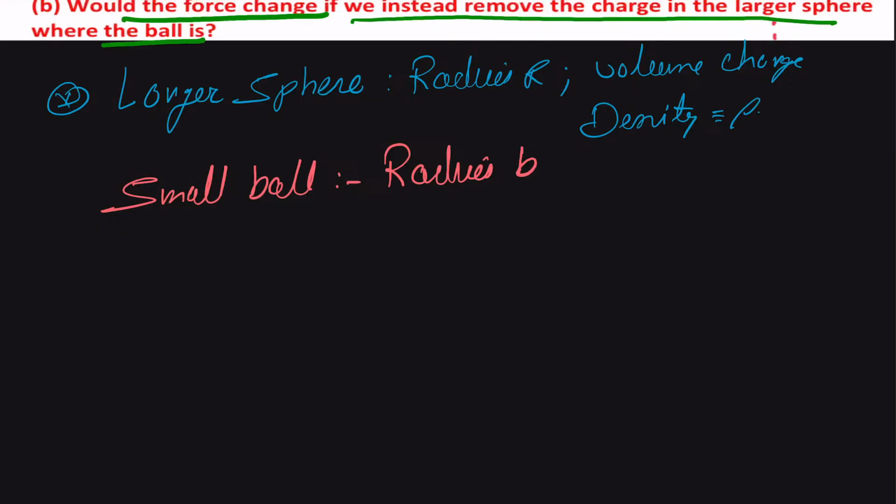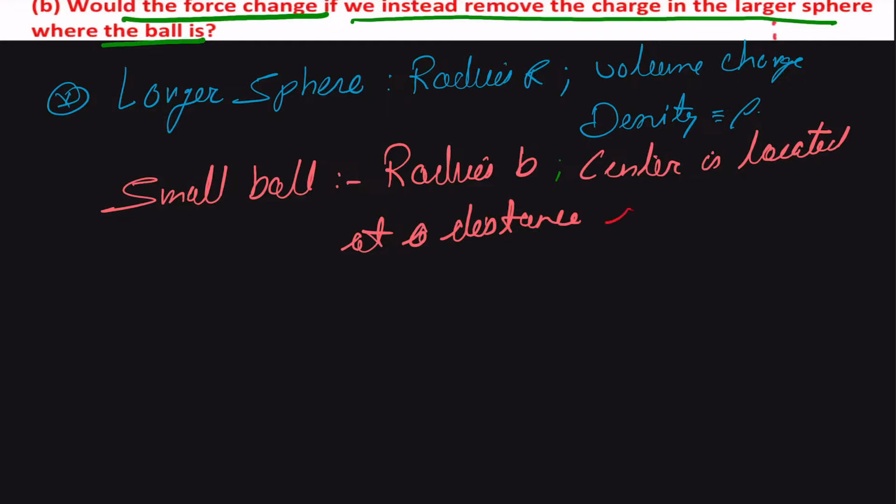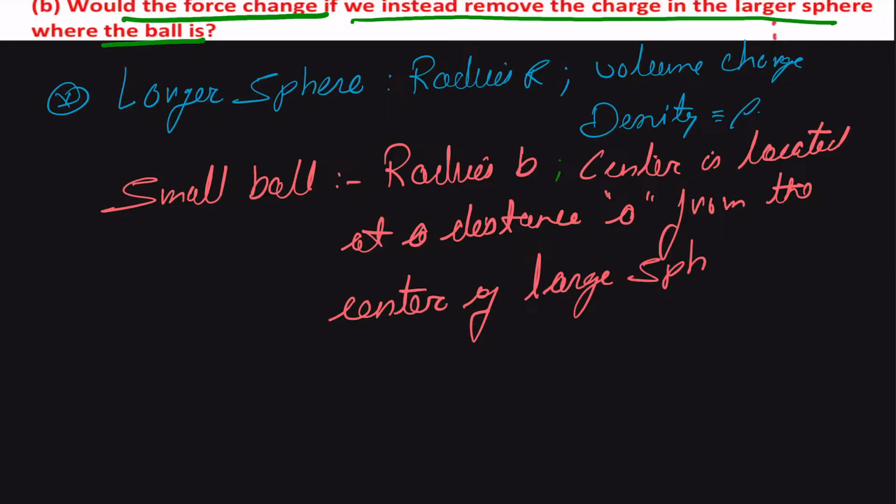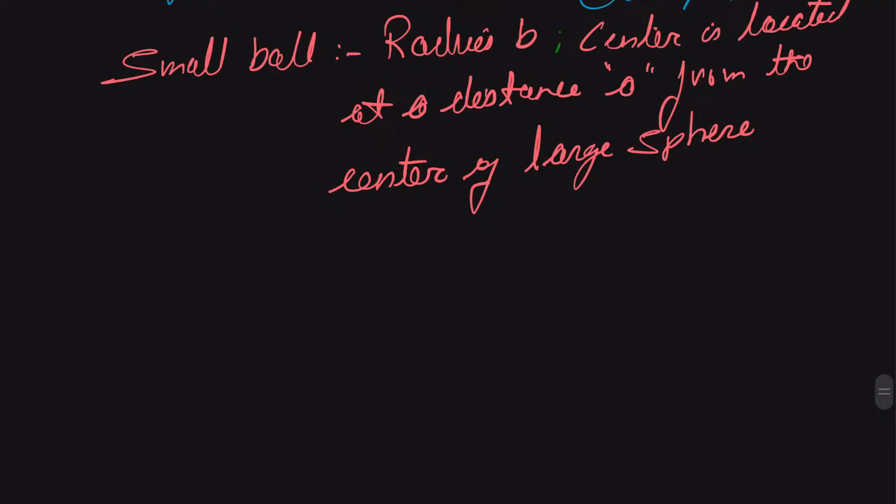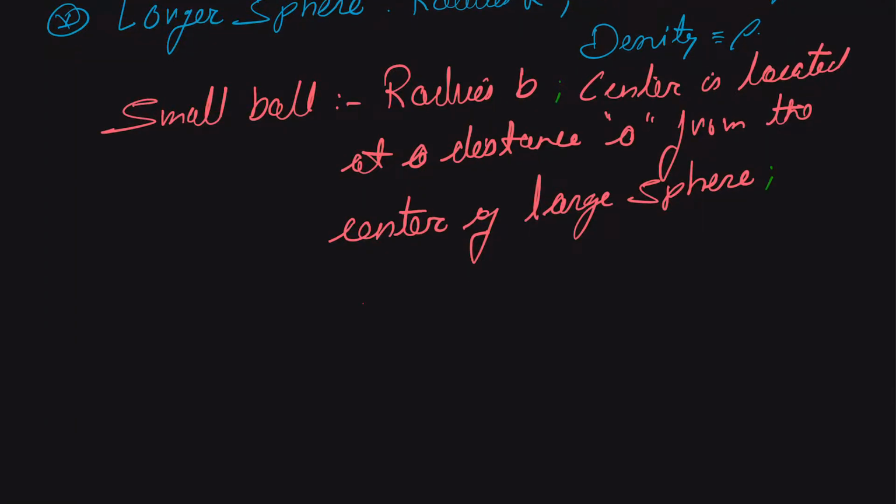We can say the ball of radius b has its center located at a distance a from the center of the larger sphere, and we are given that the total charge is q.